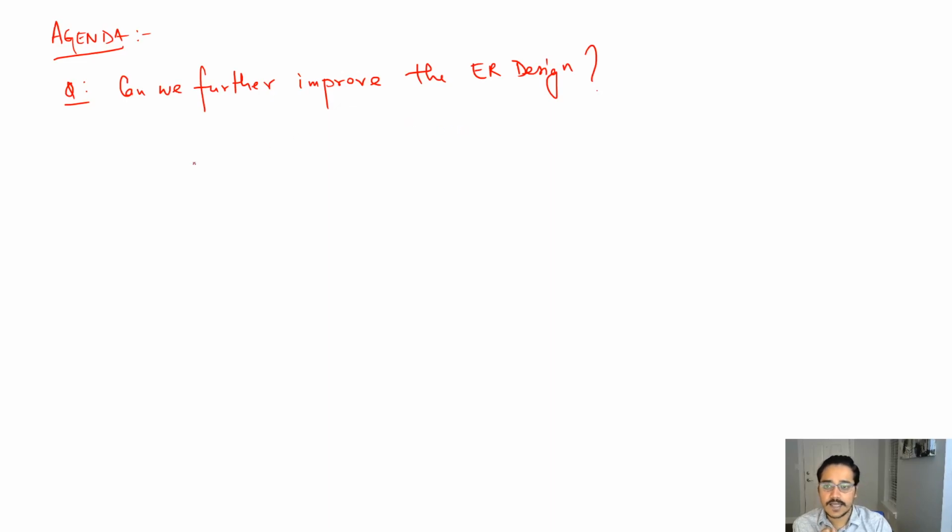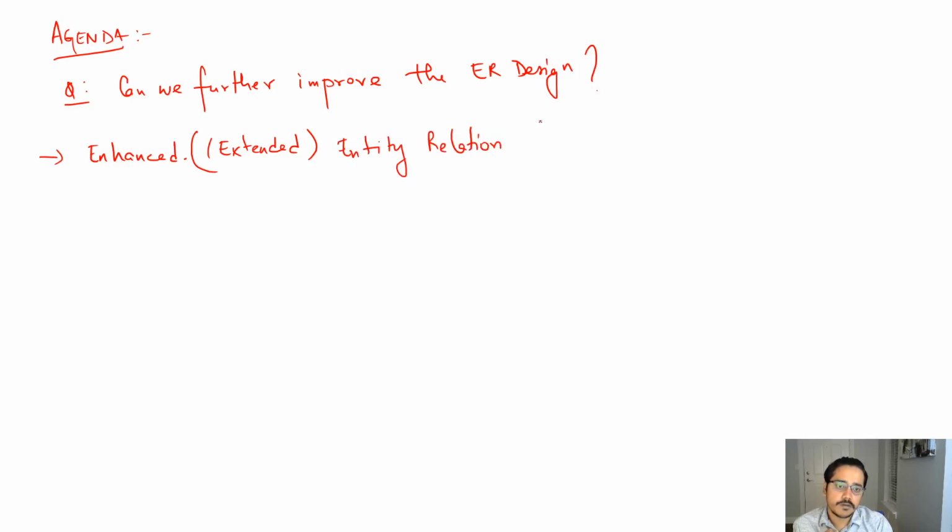And that is basically to learn about the enhanced, and in some cases it will also be known as extended, entity relationship model. Okay, which is also known as EERM.